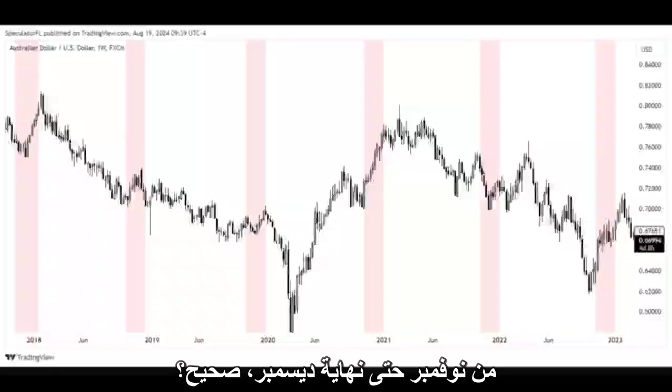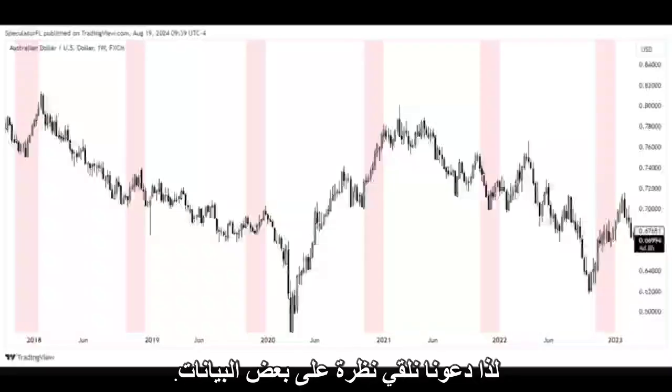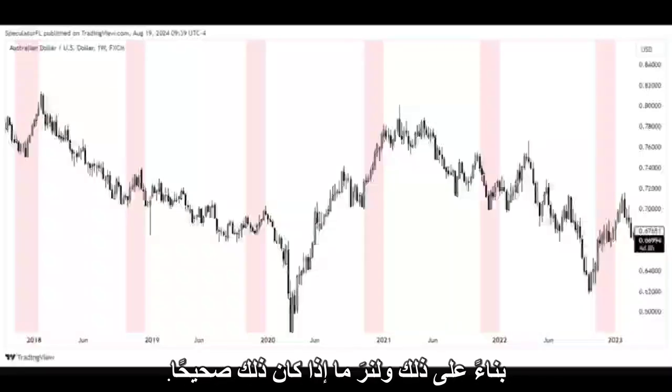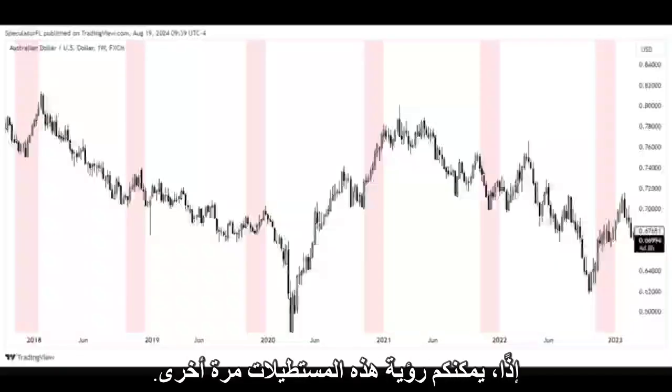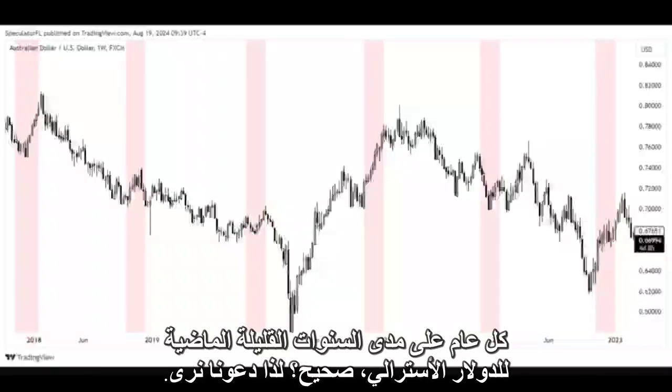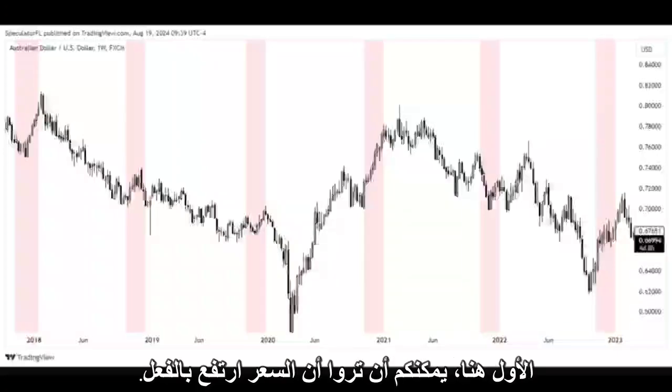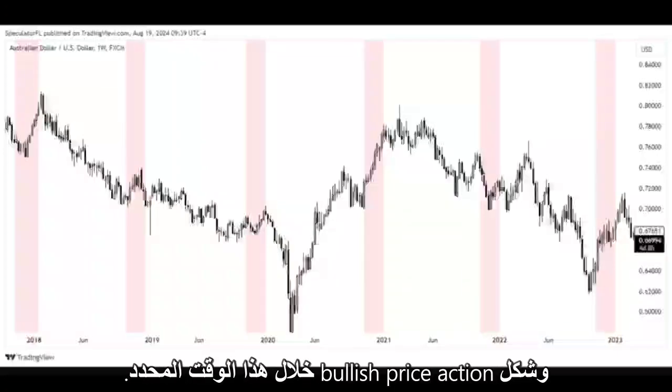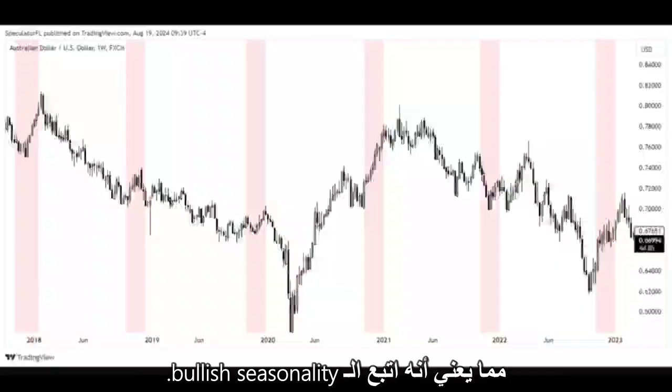Now again this time, you can see inside this rectangle from November to December, price again formed higher prices and respected the bullish seasonal tendency. Similarly, the next 3 years as well, we only formed higher prices and bullish price action during this particular time, right? You can see how accurately this thing works, right? And I'm only using it alone here, and once we fully integrate it with the other stuff, it will completely change your perspective.